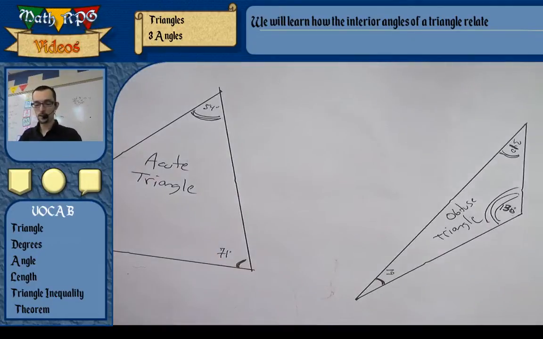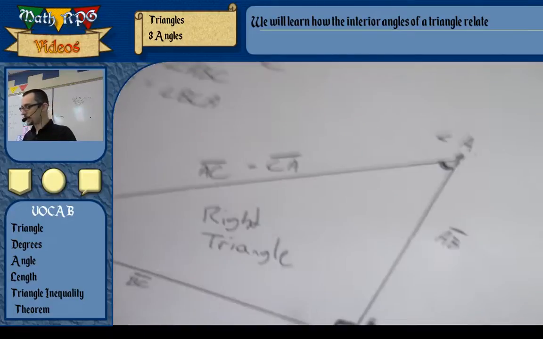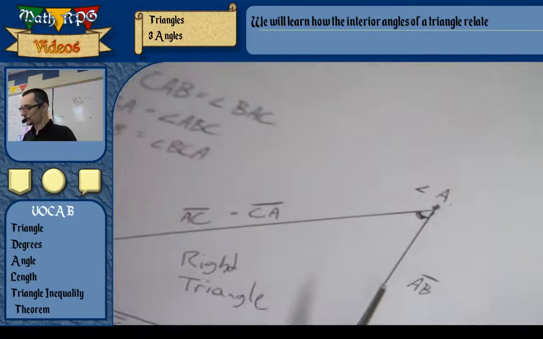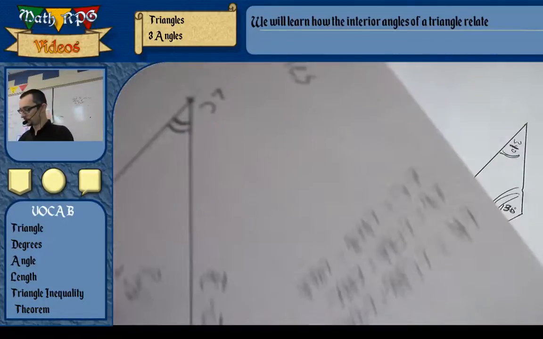There we go. Now, here's my thing. I'm going to cut out my triangles here real quick. And so we've got a right triangle, which has 3 sides and 3 angles. One of the angles is 90 degrees. Okay.